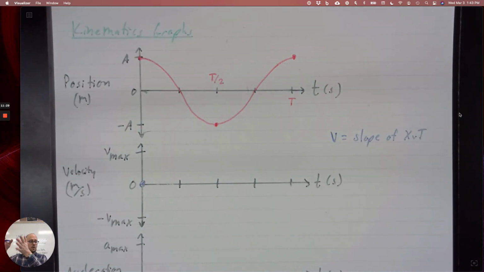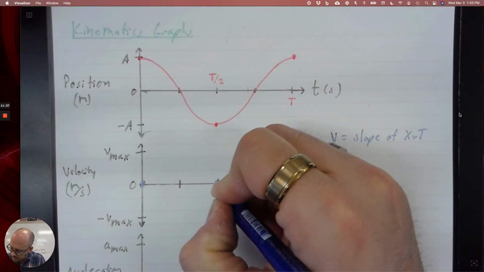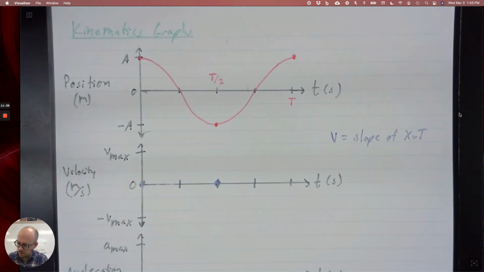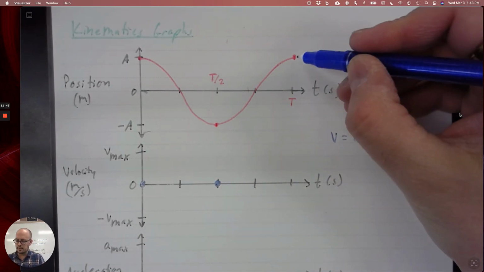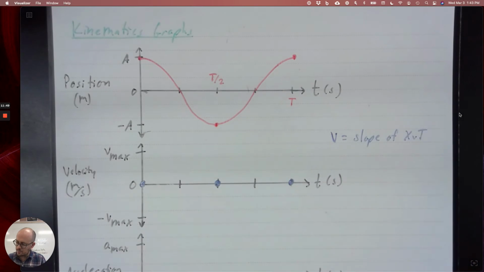It swings from one side to the other. When it gets to the other side, it actually has to stop before it turns around. And so again, at the T/2 location, it's going to have a velocity of zero. And then when it gets to the original extreme again, it's also got to have a velocity of zero.